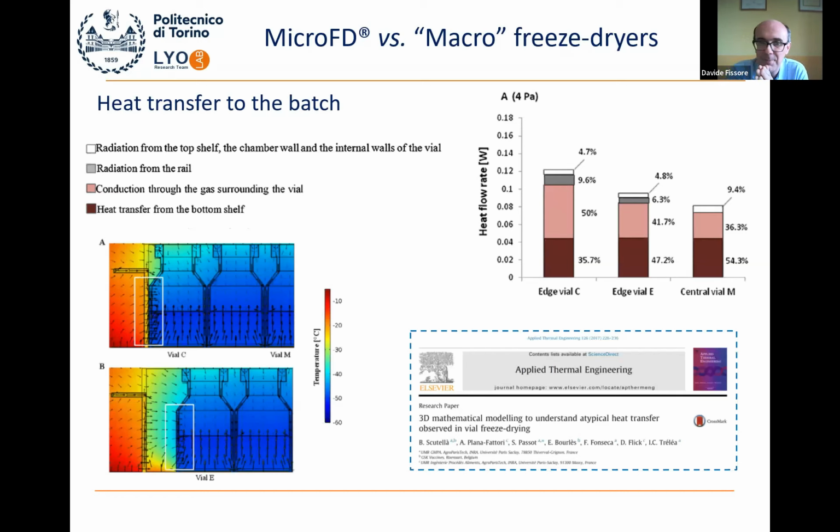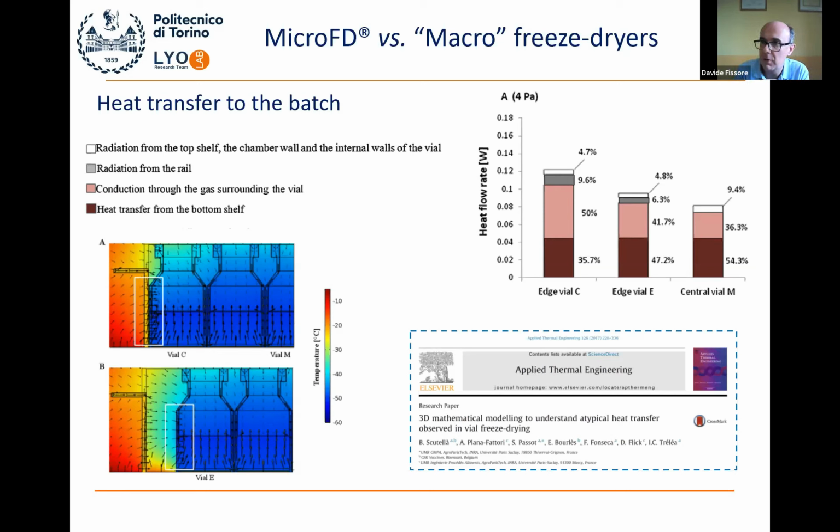They investigated the heat flow rate in the so-called central vials, so vials in the central position of the batch, and the heat flow rate in the edge vials, distinguishing between edge vial C, vials that are in contact with the rail, the metallic frame used for loading and unloading purposes, and edge vial E, the edge vials not in contact with the metallic frame.